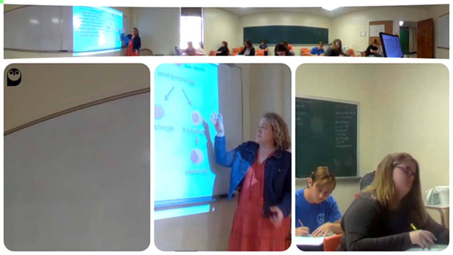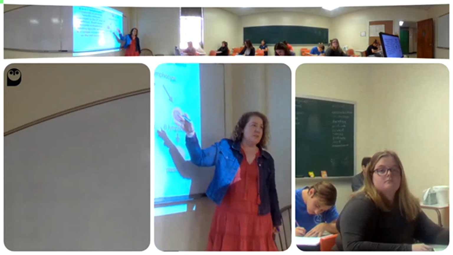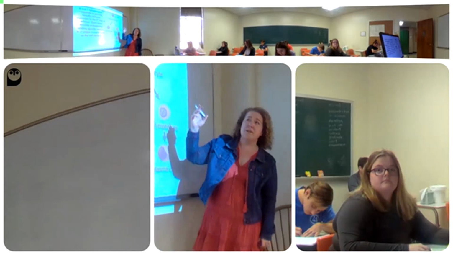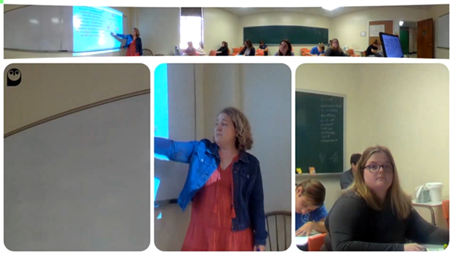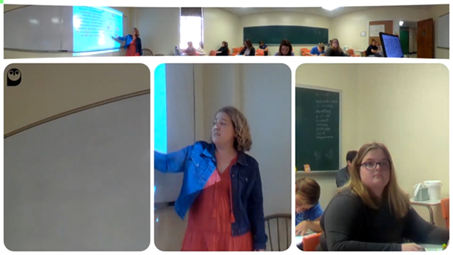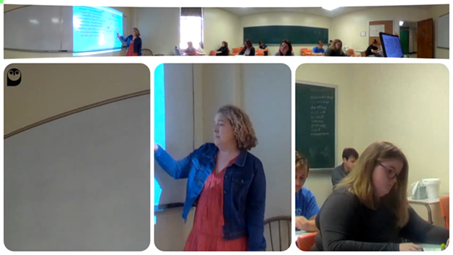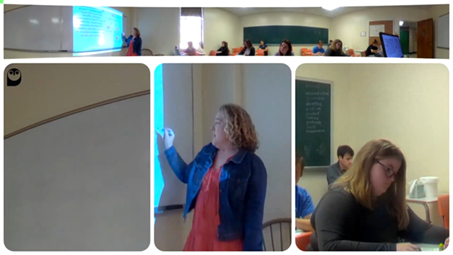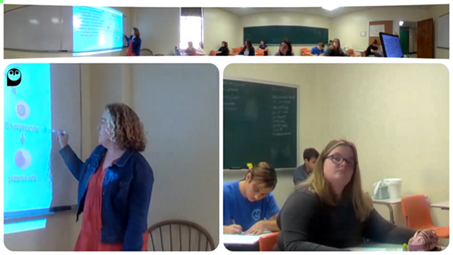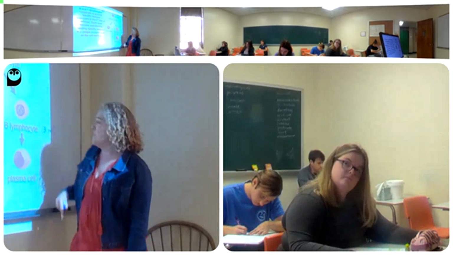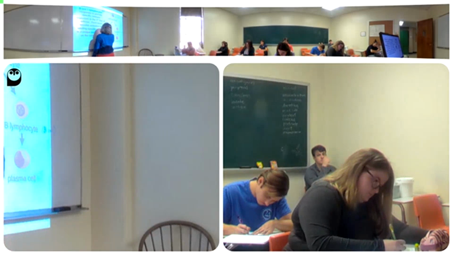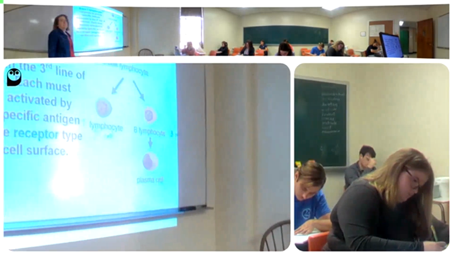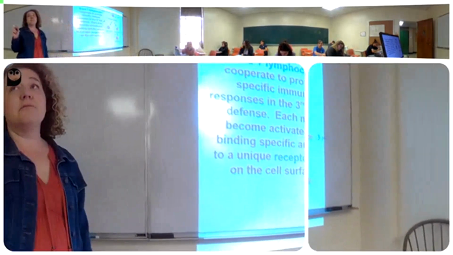And all of those lymphocytes, depending on where they go in the body and what genes they decide to use, will either become what we call T lymphocytes or B lymphocytes. A lot of books and people would call them T cell and B cell, but they are technically the blood cell type called lymphocyte.